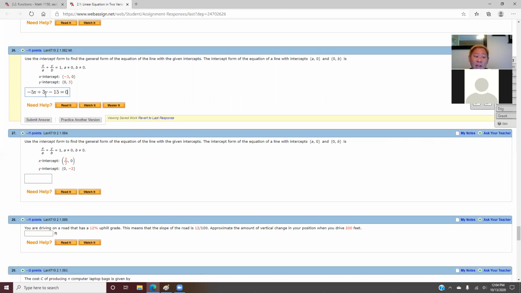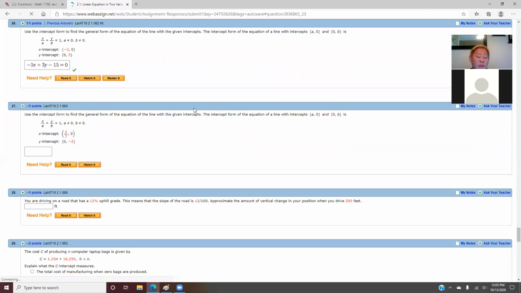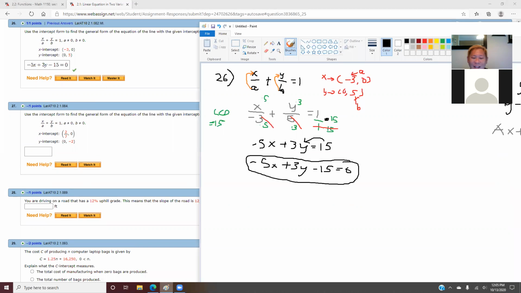Make sure your x and y are lowercase. If you put x and y in uppercase, they will mark it wrong. They're very case sensitive. If it's lowercase, use lowercase; if it's uppercase, use uppercase. It's like your password.